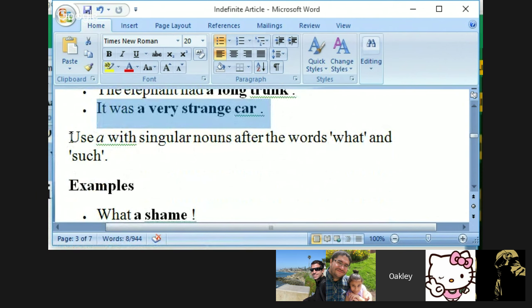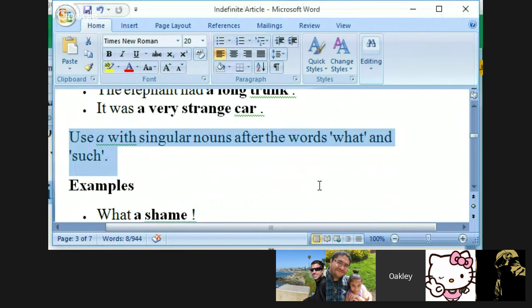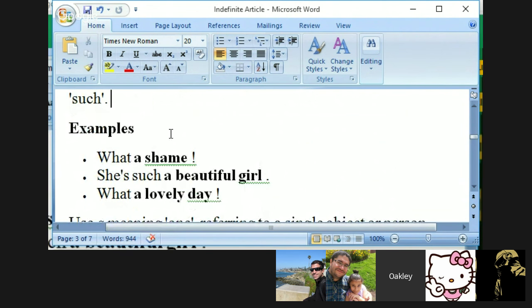Okay, now here's one. The next rule is one you may not know. You use a with singular nouns after the words what and such. There are common expletive, colloquial expressions that include this element.